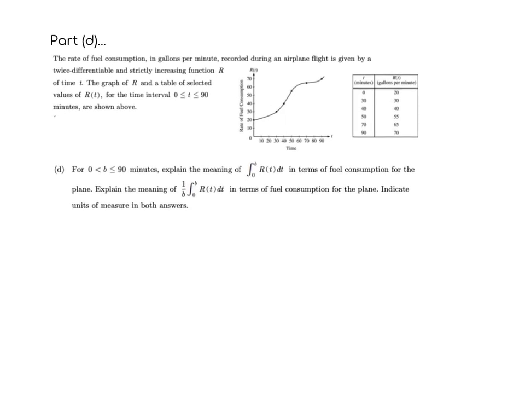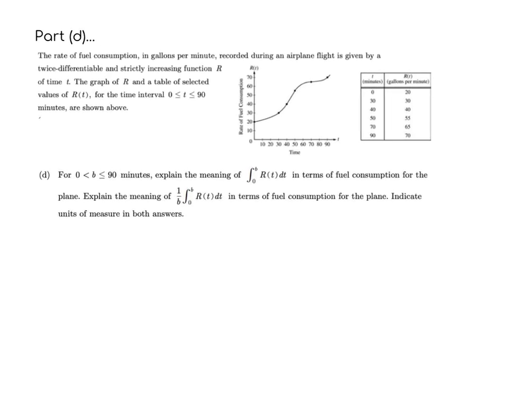Part D, last part. Let's see what we have. Still have the same stem. Fuel consumption rate, gallons per minute, twice differentiable. And 0 to 90, explain the meaning of the integral from 0 to b in terms of fuel consumption for the plane.